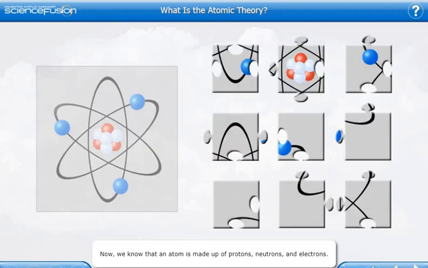Now, we know that an atom is made up of protons, neutrons, and electrons. Do you remember where these parts of the atom are located? Drag the pieces of the puzzle over the picture on the left to make a match.